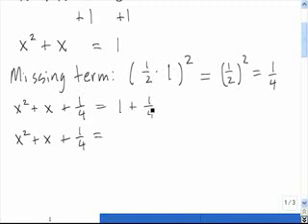One plus 1/4 is 5/4. Now what we need to do is factor the left-hand side. It's always going to be x plus or minus something squared. Since it's plus here, it's plus here.